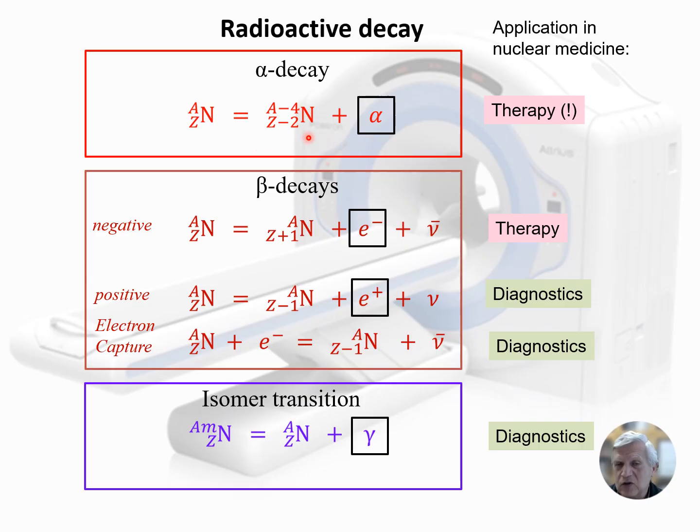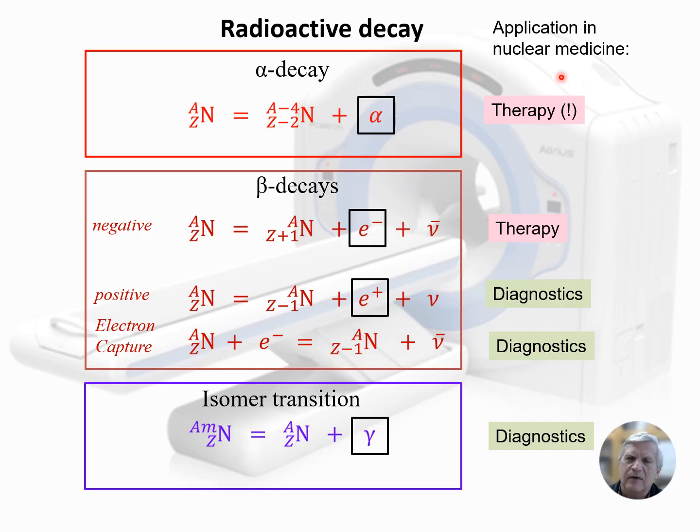As we already mentioned, this type of nuclear decay is mostly due to the proton-proton repulsion in very heavy nuclides, which cannot be overcompensated by the high number of neutrons. This alpha particle is a heavily destructive particle, and I show you that this is mostly used in therapy in nuclear medicine.